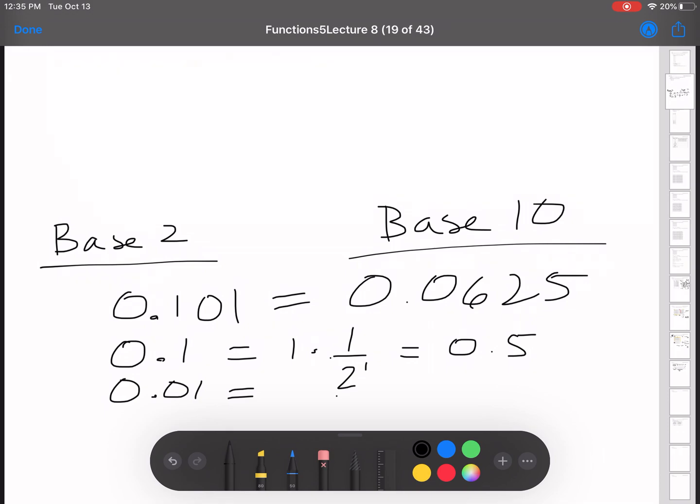Now 0.01: we have 0 times 1 over 2 to the 1 plus 1 times 1 over 2 squared, that's 0.25.